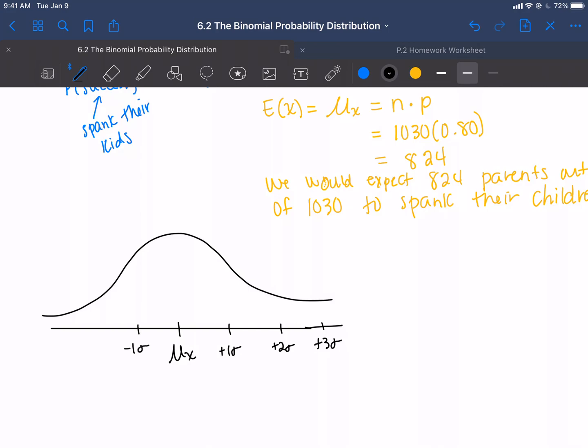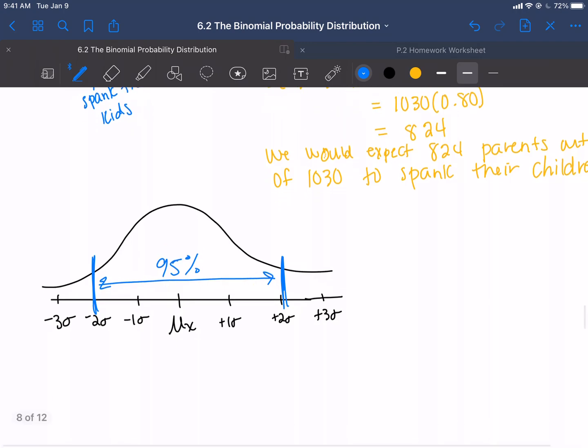This would be minus 1 standard deviation, minus 2 standard deviations, minus 3 standard deviations. Well, within 2 standard deviations lies 95% of the data. So that would mean that the other 5%, which would make it unusual, so this is considered usual, this is considered unusual, and this is considered unusual.